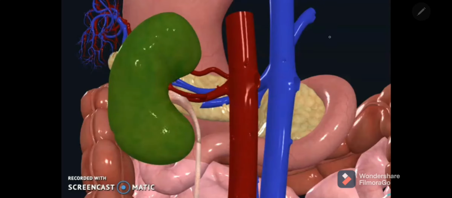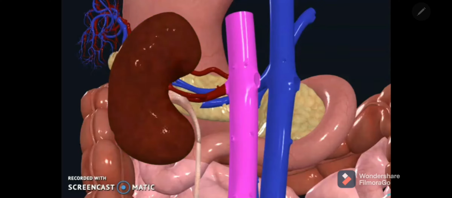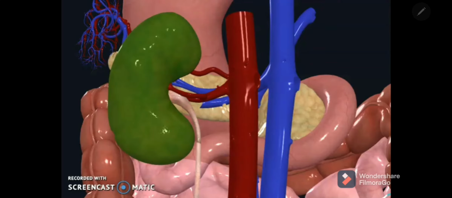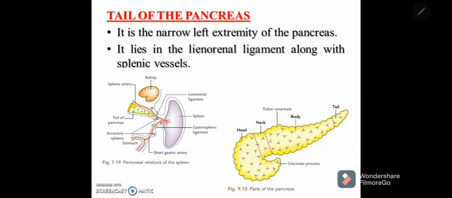Again they will divide and drain the left suprarenal gland also. So basically remember, the posterior surface of the body is related to abdominal aorta, splenic vein, left renal artery, left renal vein, left ureter, left kidney, and left crus of diaphragm, and you can also see part of left suprarenal gland. So all left you can remember.